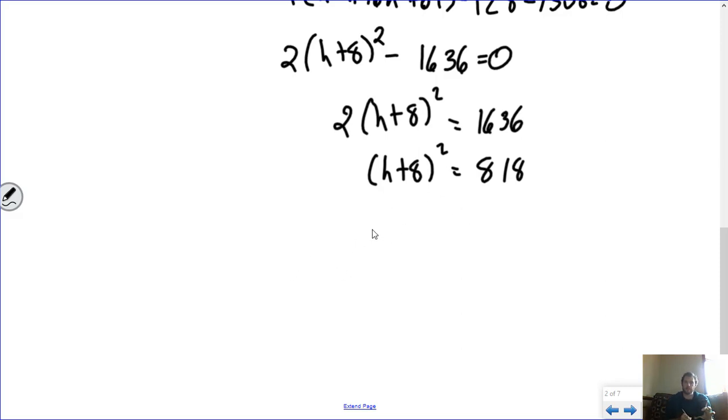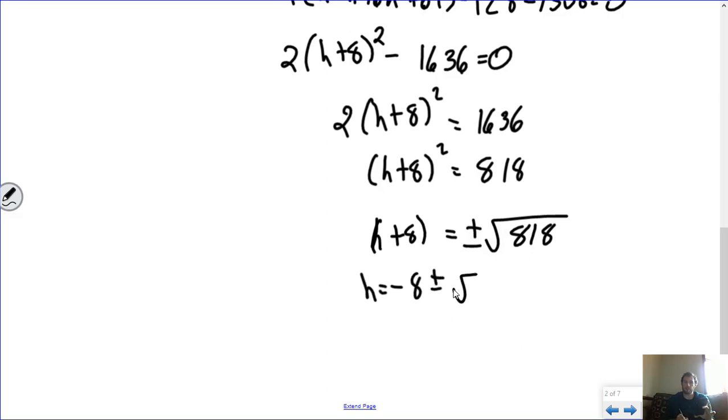So we get h plus 8 is equal to the positive and negative square root of 818. Let's see if the square root of 818 can be simplified at all. Looks like it can't. So then I'm going to subtract 8 from both sides. So negative 8 plus or minus the square root of 818.